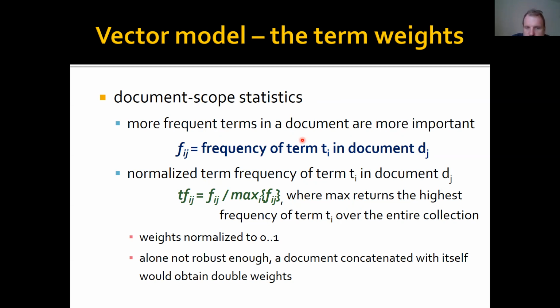That's why we must normalize the terms to have numbers between 0 and 1. Then the TFs will be comparable across different documents, no matter if the document is long or short.